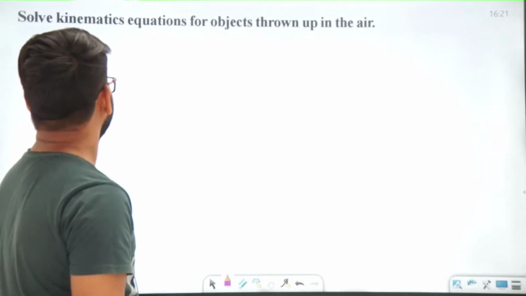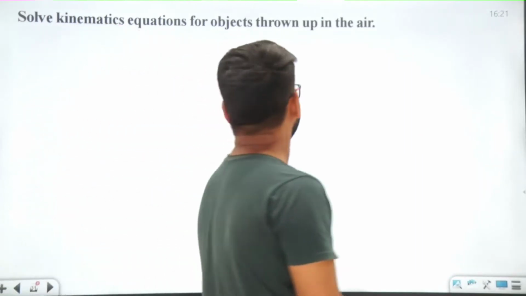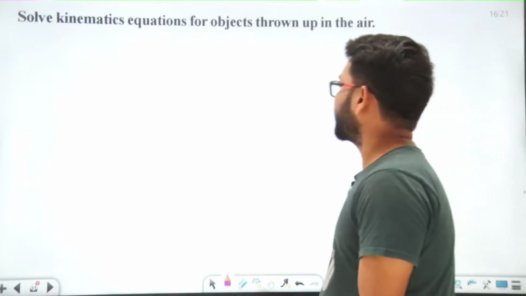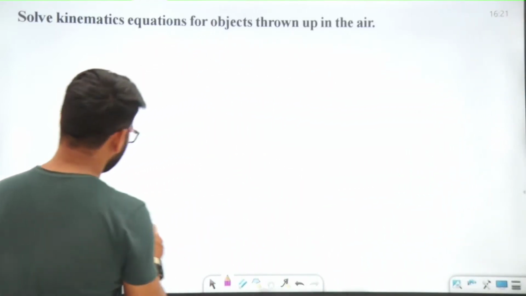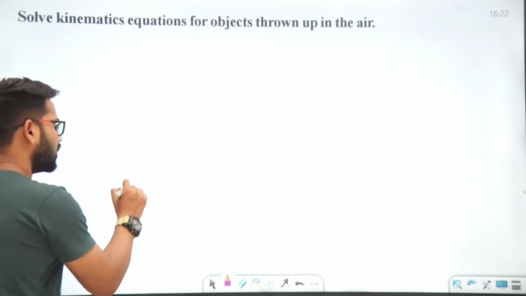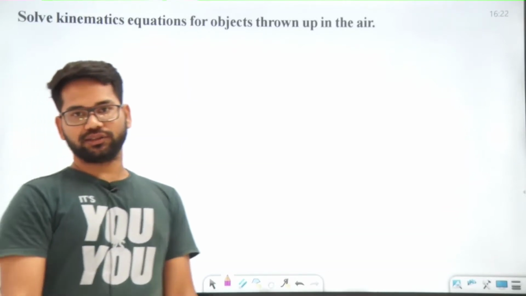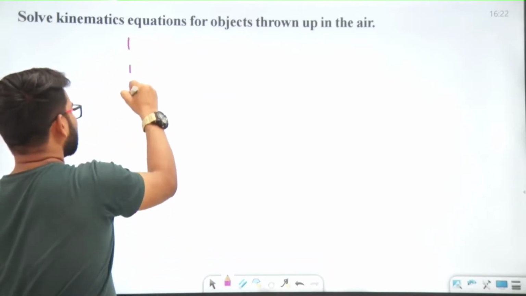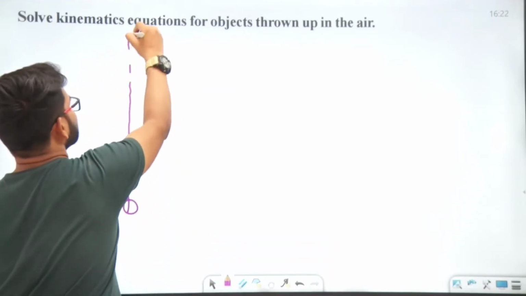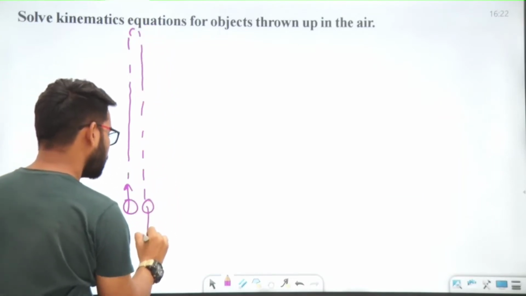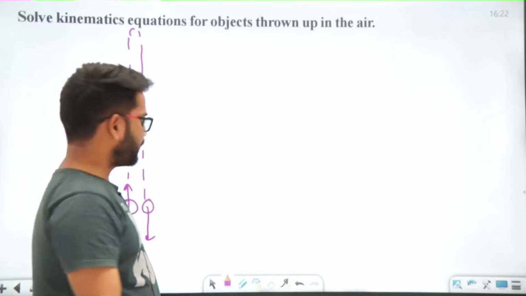Let's go to another topic heading: solving kinematics equations for objects thrown up in the air. Students, if you throw something in the upward direction, what will happen? It will go up and then come back down, right?